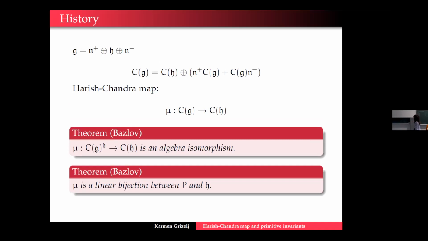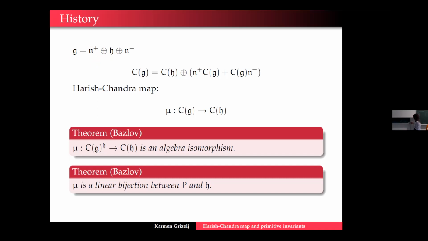So what we do is take the triangular decomposition. n plus corresponds to positive roots, or those are positive root vectors, n minus would be negative root vectors, and h would be the Cartan subalgebra.